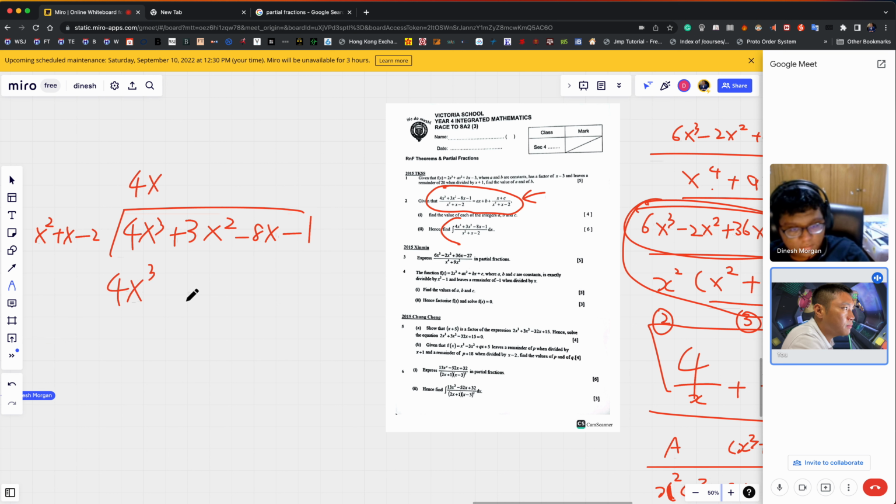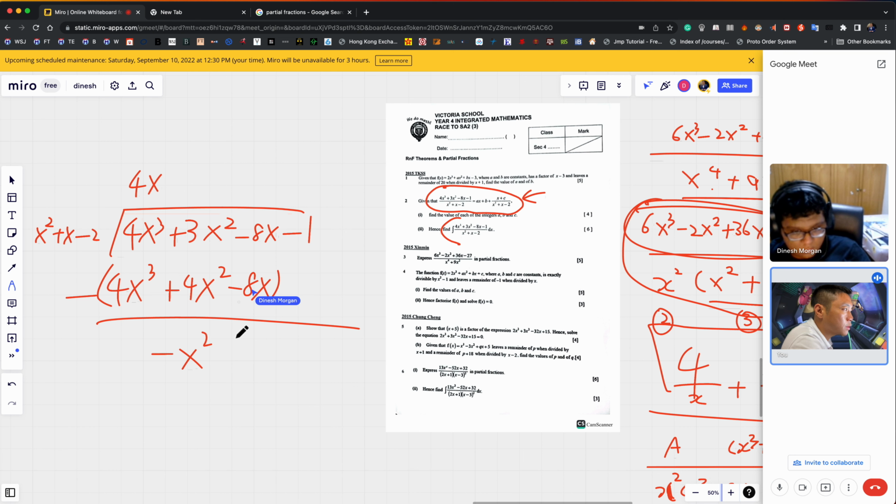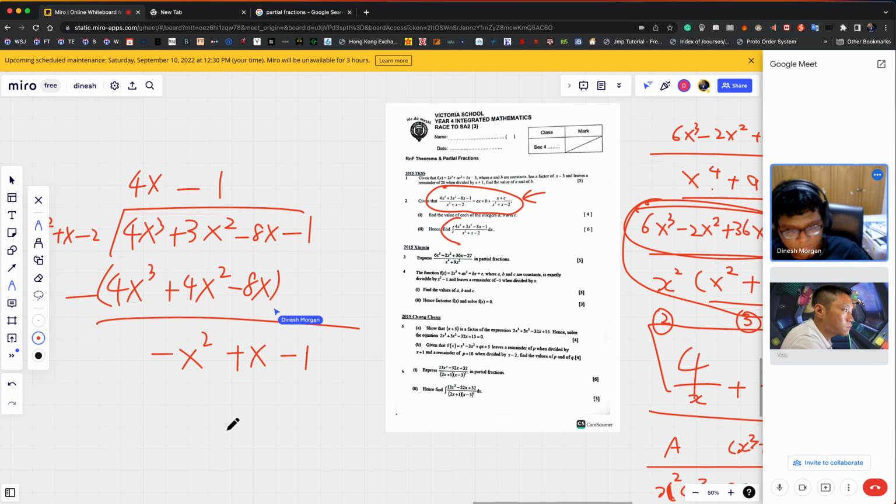Help me out if I make a mistake somewhere. Okay, so minus this minus x. Minus 1 is plus, so it's plus x. Right? And minus 1. Wait, minus 8x plus 8x would be 0.